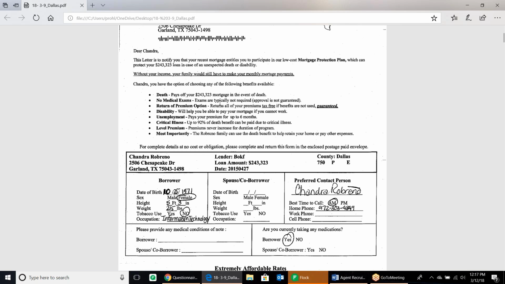In some cases, there's no physical or medical exam. There's a return of premium option if the benefits aren't used in the issue period. Disability can be included in the plan. If they get disabled and can't work, then they can get money available to pay their mortgage if they aren't able to make their mortgage payments.